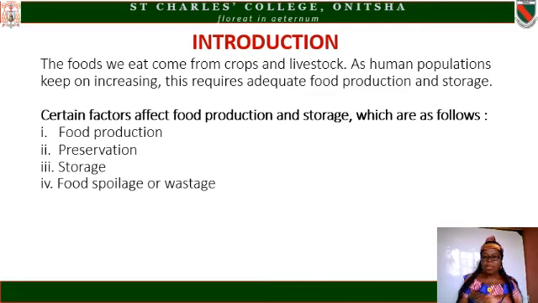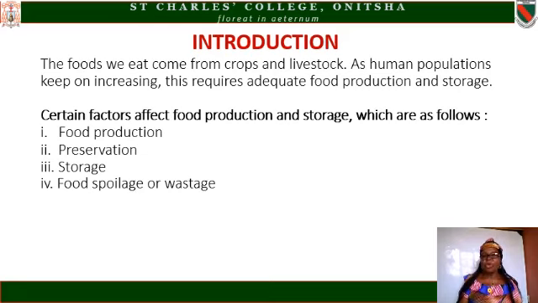And you know that the human population keeps on increasing on a daily basis. So this requires a corresponding increase in food production and storage so that there will be no time that we say we don't have enough food.